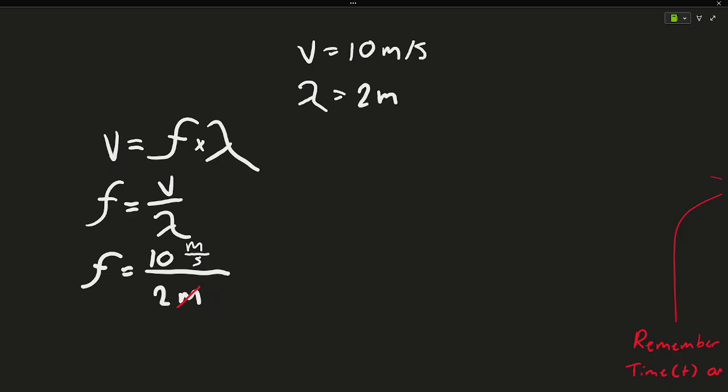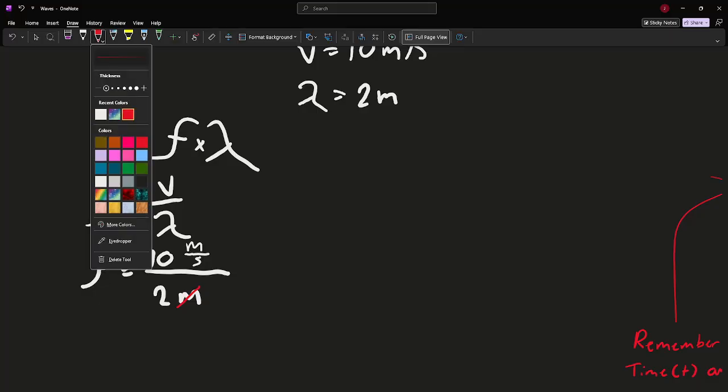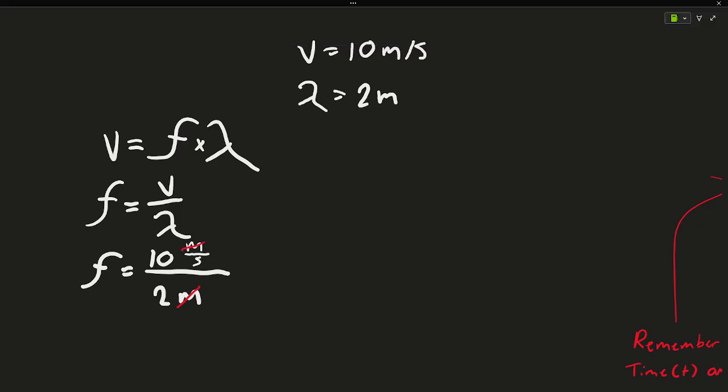So we've cancelled the m, and we actually have to cancel both m's. So now we are left with 5 per second. But remember, the second is in the denominator. If it was in the numerator, it would remain as 5 seconds. But since it's in the denominator, we have to call it seconds minus 1. And this is what you call a hertz, or 5 hertz.